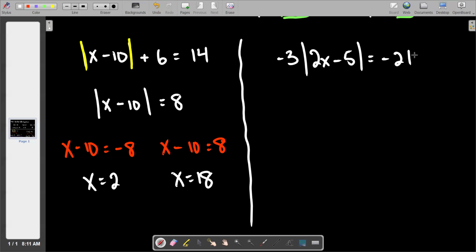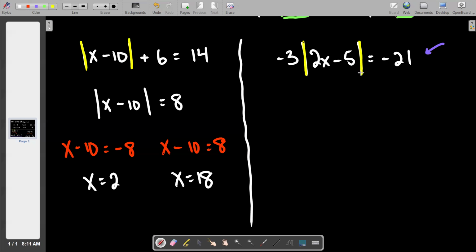And if your thought was that there's no solution, I'm proud of you because you're listening well, because you're like, hey, that's a -21. But we're not at a point in this problem yet where we can pass judgment on that because the absolute value is not by itself. So any considerations like that, they're not even valid until we are ready to make that choice. And that choice cannot be made until, again, yellow guy is by himself.